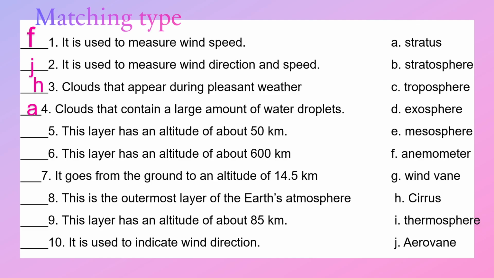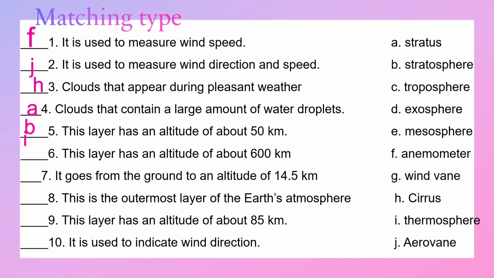Next, number 5. This layer has an altitude of 50 kilometers. Correct. The answer is stratosphere. Stratosphere has an altitude of 50 kilometers. Next, number 6. This layer has an altitude of about 600 kilometers.